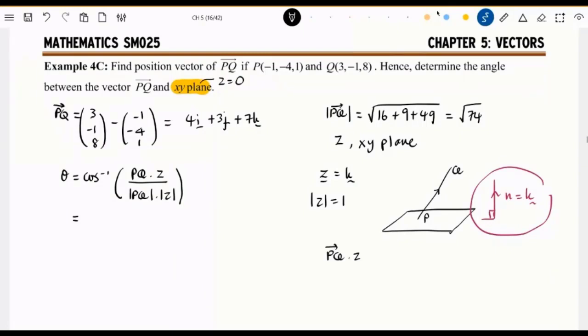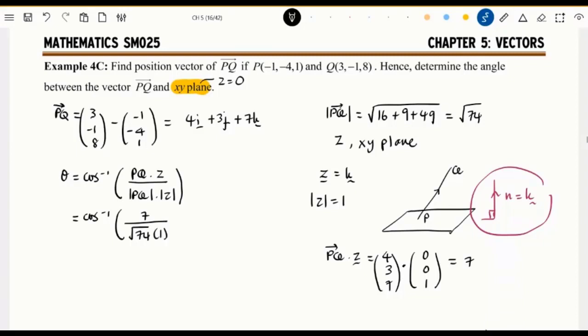So ini vector, ini adalah Z. So we have 4, 3, 7. And then we have 0, 0, 1. Dapat berapa ni? 7. Okay, 7. So we put into the formula, we end up with the 7 here over square root 74 and positive 1.